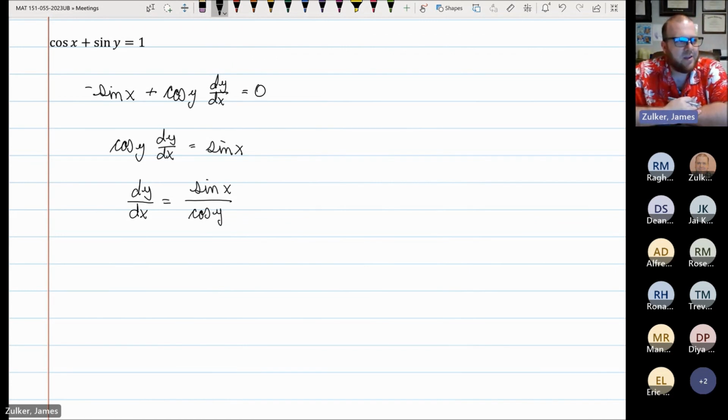And we get sine of x divided by cosine of y. Now, this cannot be simplified, right? Because it's sine of x over cosine of y. You're not taking the trig of the same angle. So that cannot be simplified. So we just leave it like that.